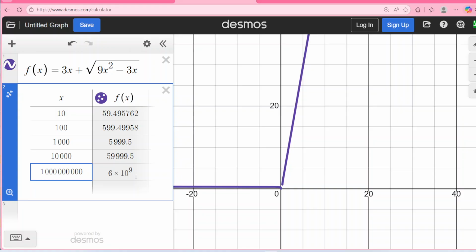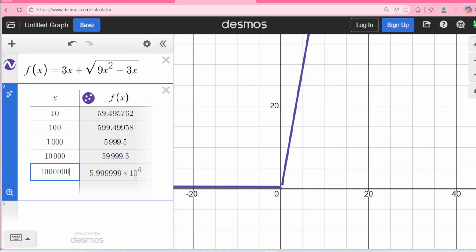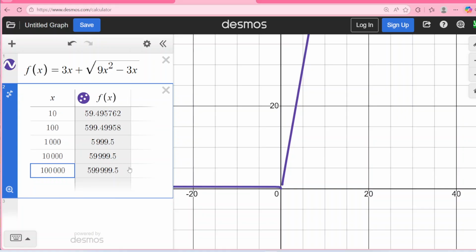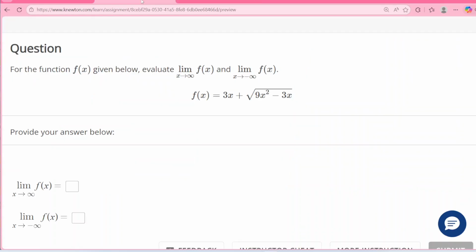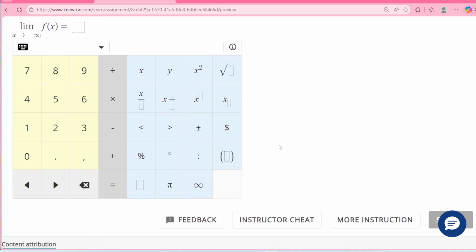This is 6 with 9 zeros after it, 6 billion when I plug in 1 billion. I'll go back to the 100,000 there. But you see, as x gets larger, positive, the output is getting larger and positive as well. You can see that clearly in the graph too, getting big positive to the right. So my limit at the right end is positive infinity.